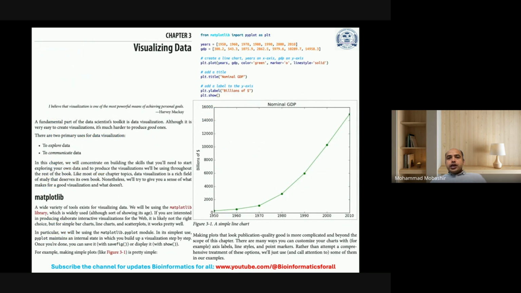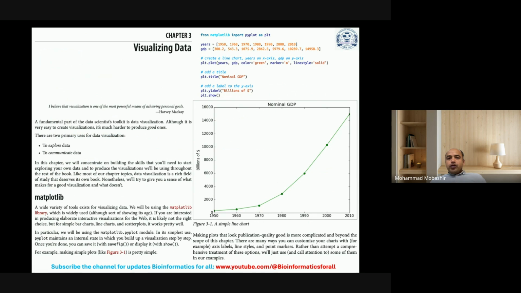And then the next part is visualization of data. As I mentioned always, this is one of the most important parts where you need to know how to plot the data in the best self-explainable way, so that anyone can just look over the figure and get the conclusive remark.